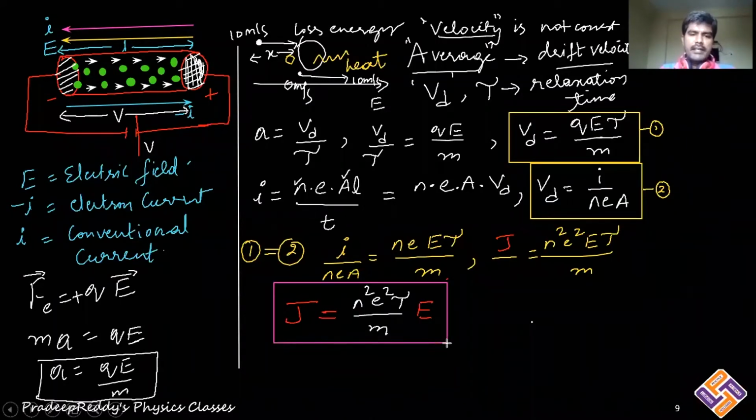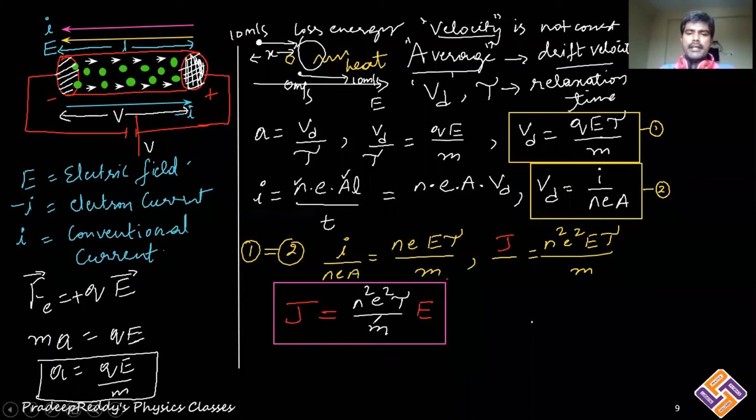Understand this clearly. J is current density, I by A. n is the number density of the conductor, a fixed constant value. e is the charge of the electron, it is constant. For a given conductor, relaxation time is also constant. m is the mass of the electron, this is constant.